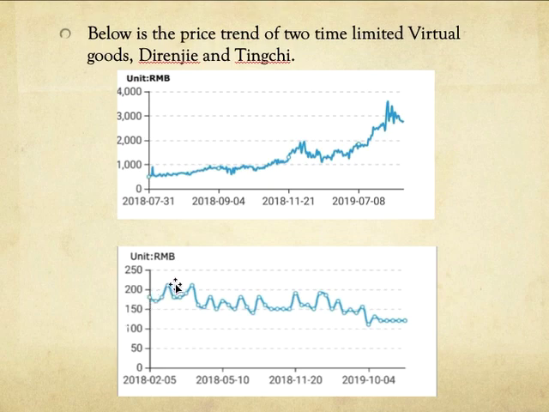It goes up and goes down and goes up, and now it's only about 140. So it's very sad. You cannot guarantee that all the time limited virtual goods will increase in price. Most of the time they will have very slight price changes, sometimes increasing, sometimes decreasing.